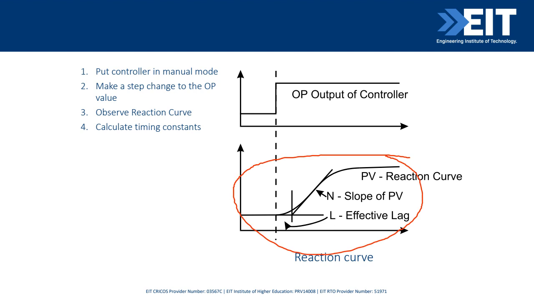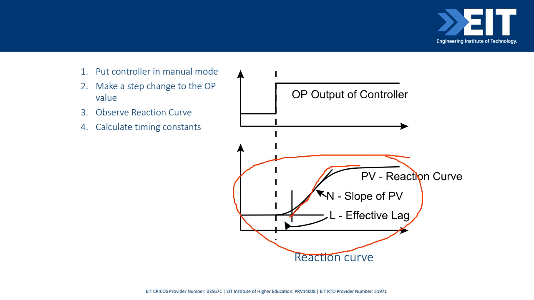Process has a delay, and then it moves up. So for example, I'm heating a tank of water. I've turned the temperature up. We've increased the heat on the boiler, and it takes a delay. And there's two numbers here we use to do our calculation of tuning constants. One is what we call the effective lag, which is the delay there. You can see that there.